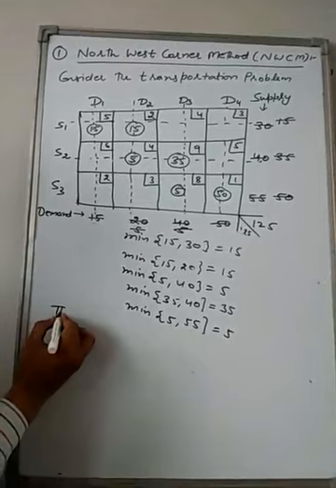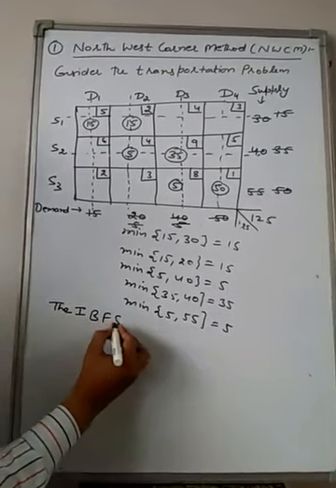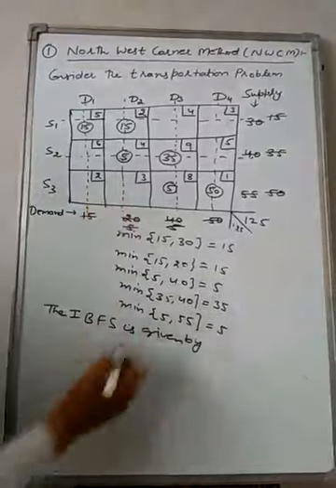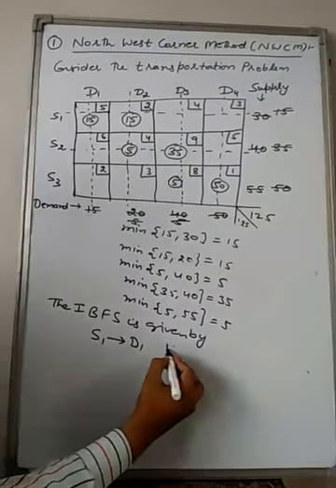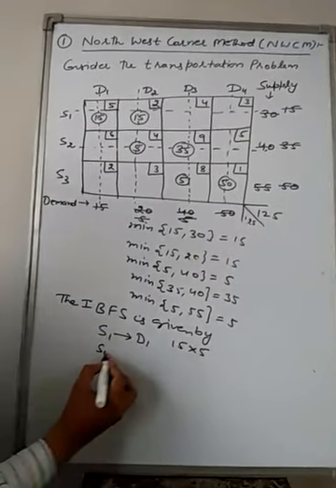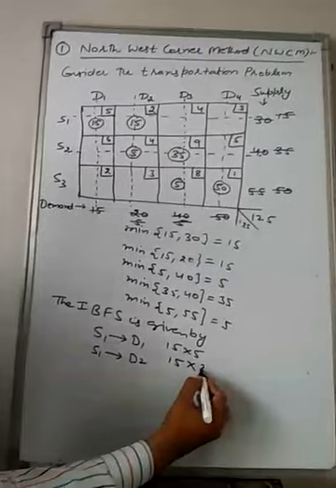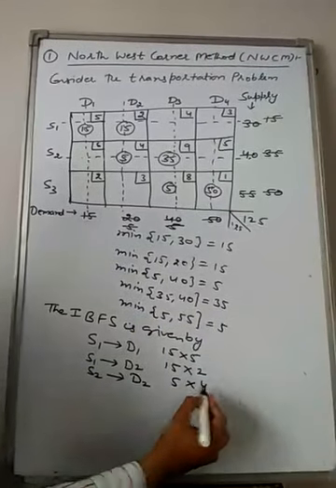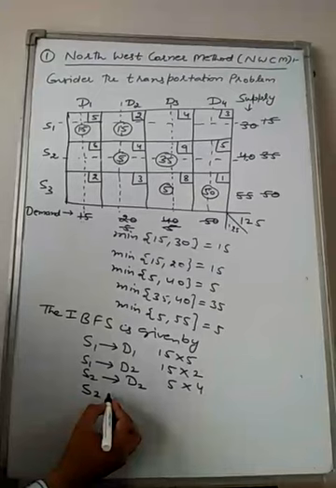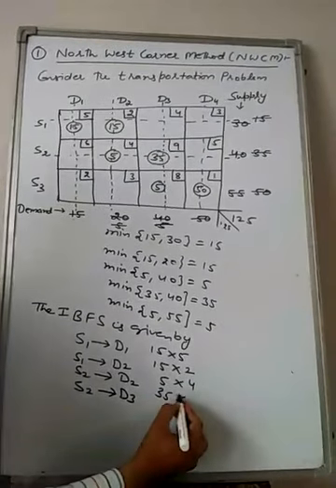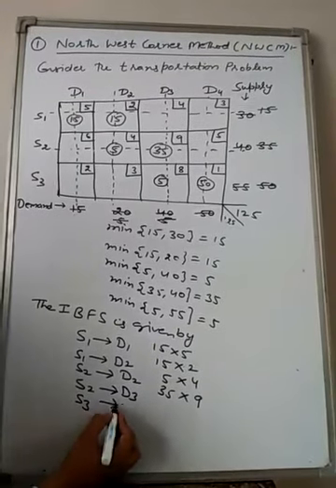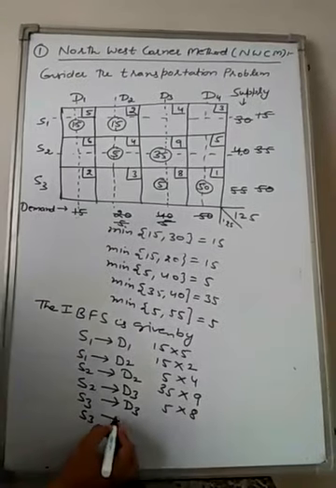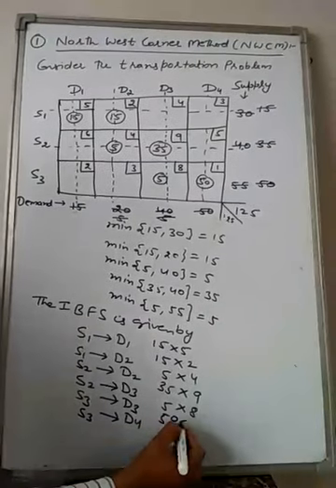The initial basic feasible solution is given by multiplying allocation with the cost: S1 to D1, 15 into 5, S1 to D2, 15 into 2, S2 to D2, 5 into 4, S2 to D3, 35 into 9, S3 to D3, 5 into 8, S3 to D4, 50 into 1.